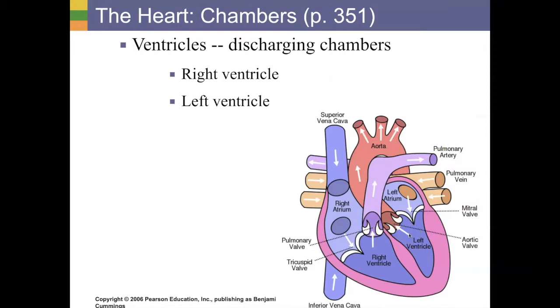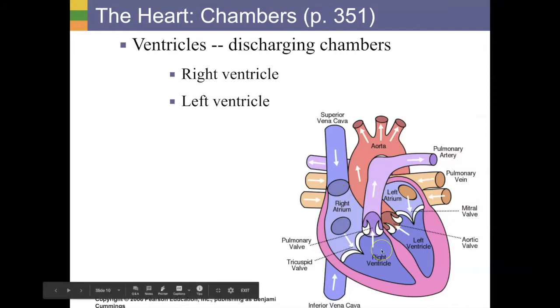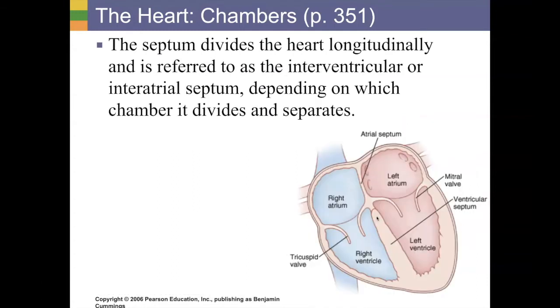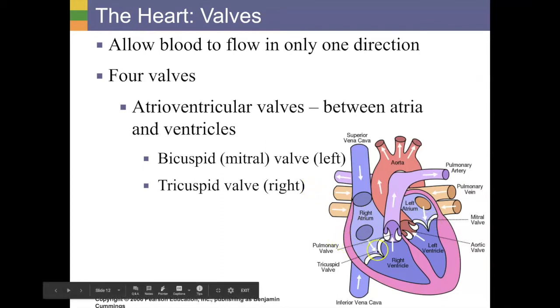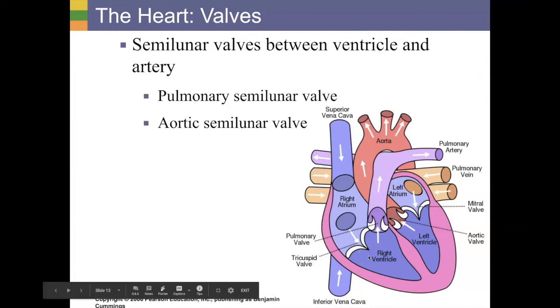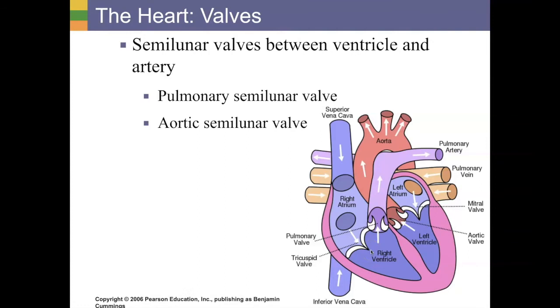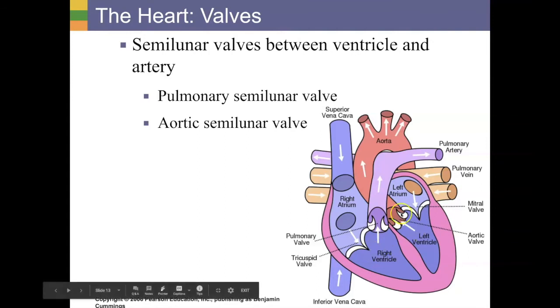And we briefly talked about how the blood flows through them and out of them, and how we also had these little valves that control when the blood is released and where the blood goes. Those valves being the bicuspid valve and the tricuspid valve. Those are atrioventricular valves. And then our semilunar valves, which are the pulmonary semilunar and the aortic semilunar.